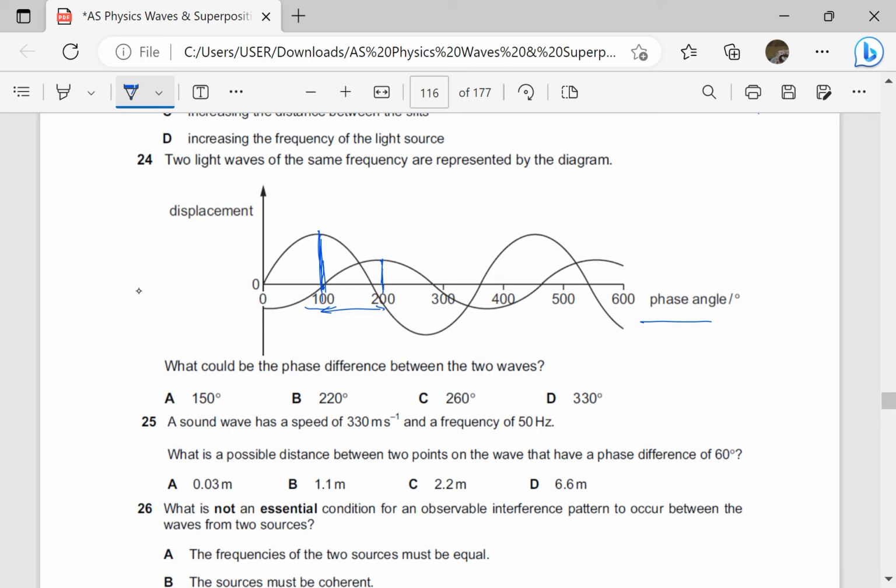The particle there is passing equilibrium. The particle here is vibrating downwards and is at its maximum displacement. Okay, so what could be the phase difference between the two waves? Let's check.